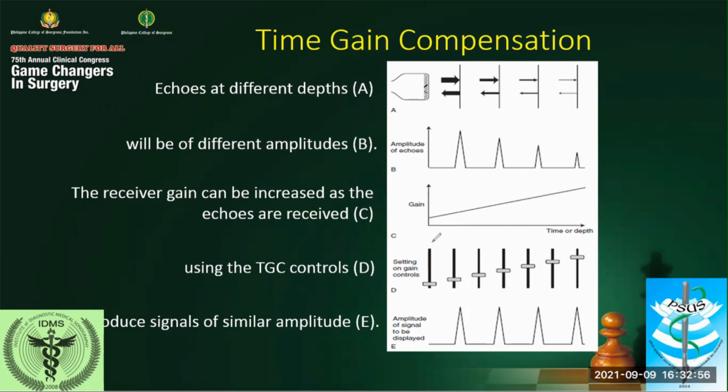So if this is your slider, the TGC control should be adjusted in this manner. Again, this is an illustration just to show you the positions, but of course it will differ depending on the actual scan. Now, in this setting, you compensate for the weak signals.